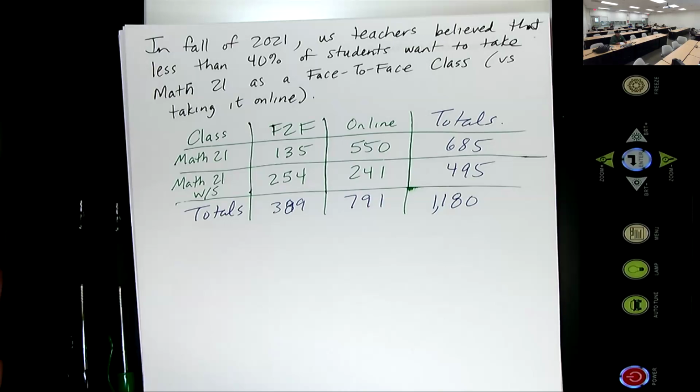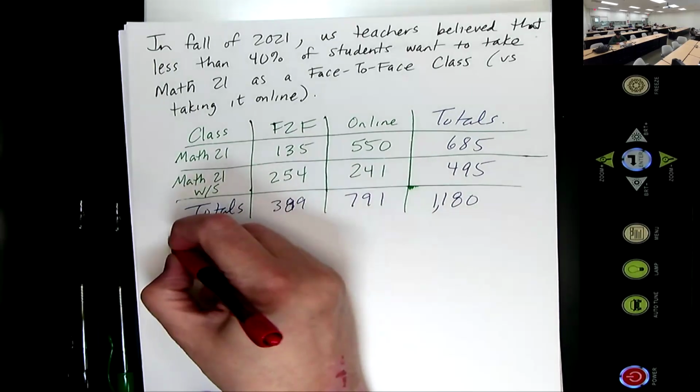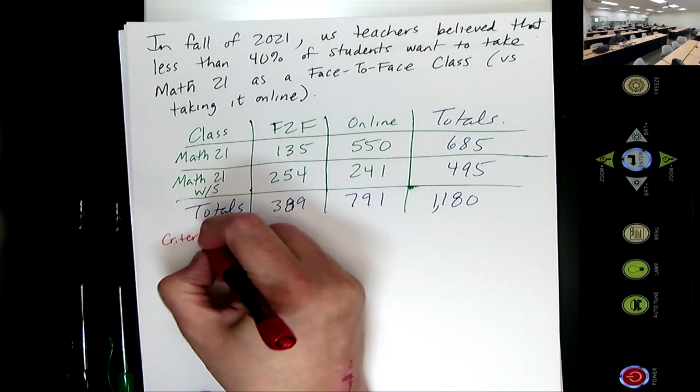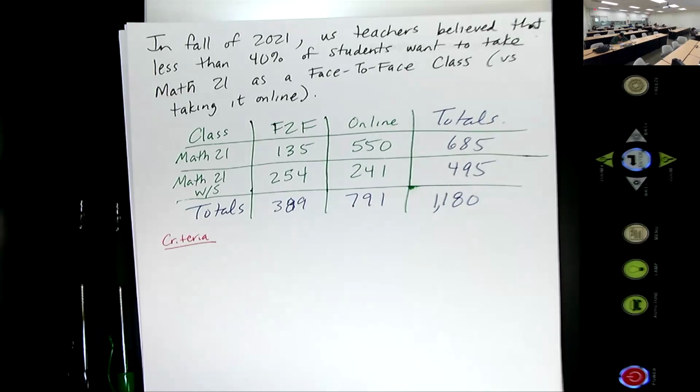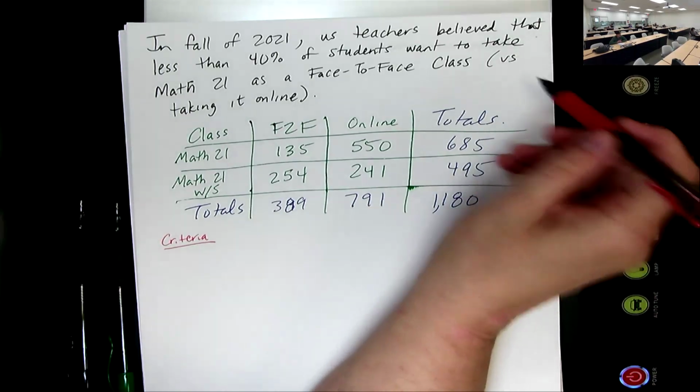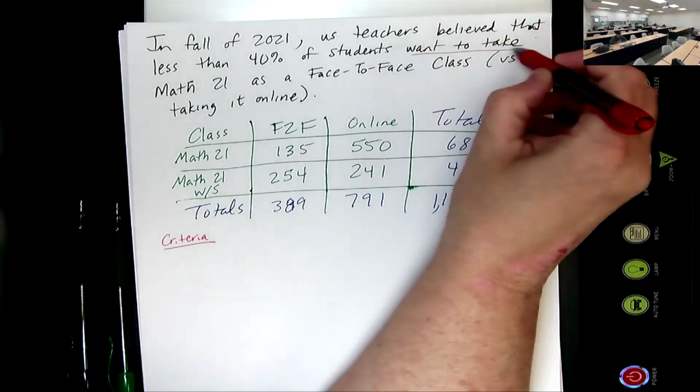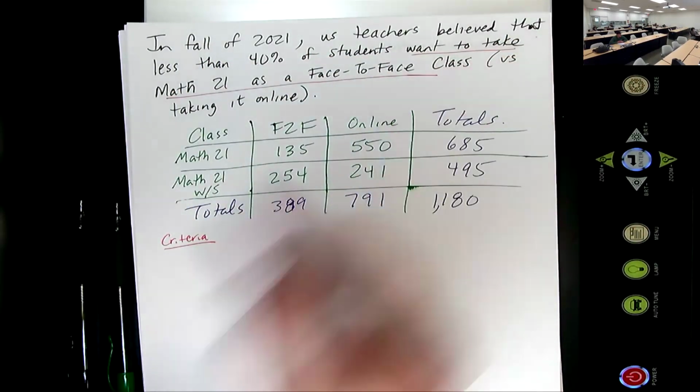Now we gotta check our criteria, which means we need to find p. This question is talking about the students that want to take Math 21 face to face.